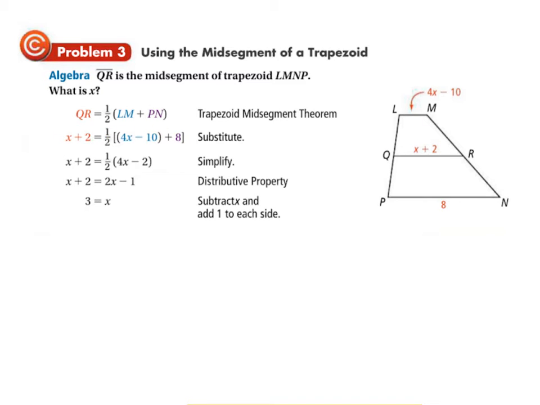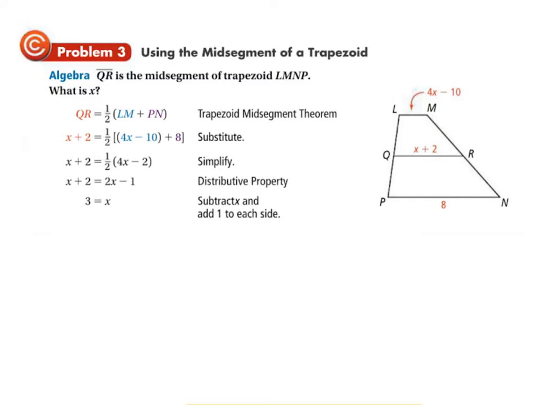So this is what you can set up here, okay? Now you can do what's in the brackets first, combine those terms, and then take half of this expression, and it's equal to that. Solve it out, and you get x equals 3, which is the question that they were asking, okay?